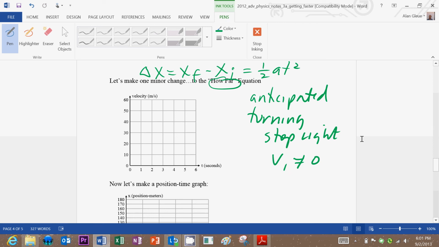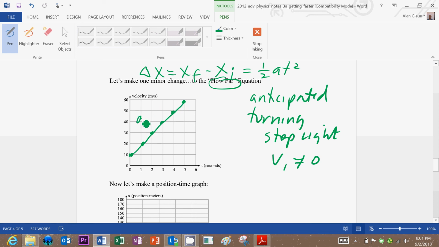So let's just say we had an initial velocity. We started the stopwatch. We had an initial velocity of 10 meters per second. So at the next second, we're now traveling 20, and then 30, and then 40, and then 50, and then 60. So do you see we still have the same acceleration.